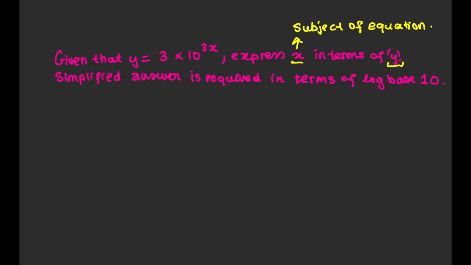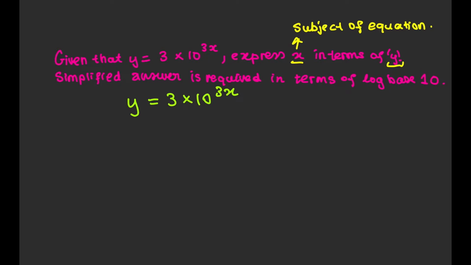So express x in terms of y, and you must have a simplified answer in terms of log base 10. Alright, with that understood, let's first write down our formula y is equal to 3 into 10 power 3x. So our objective here is to swap this. So this must go here, and this has to go into the argument.